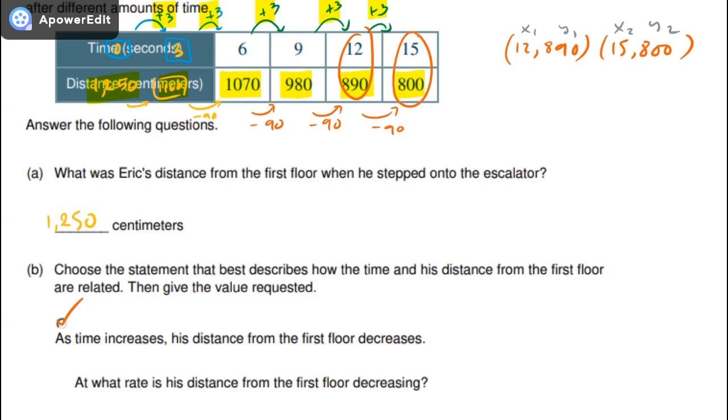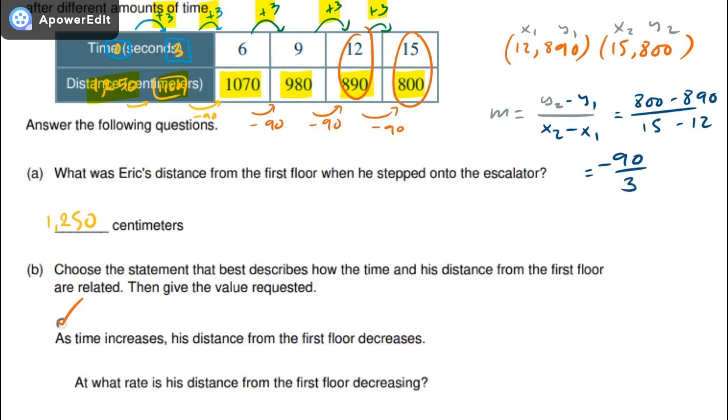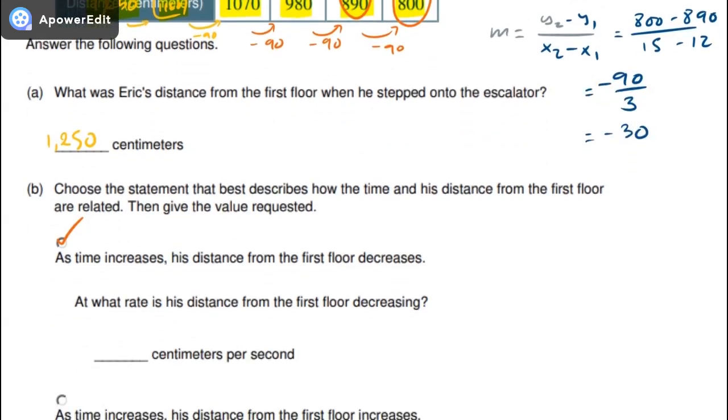Then m equals y2 minus y1 over x2 minus x1. So that will be 800 minus 890 over 15 minus 12, which gives negative 90 over 3, that will be negative 30. The answer is 30 centimeters per second. We don't put negative because they already used the term decreasing. Decreasing already means negative.